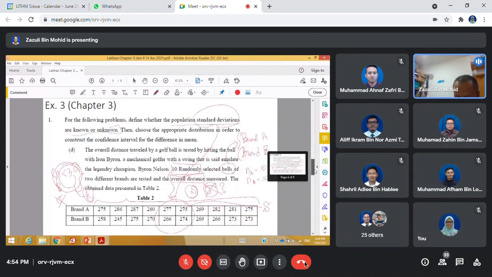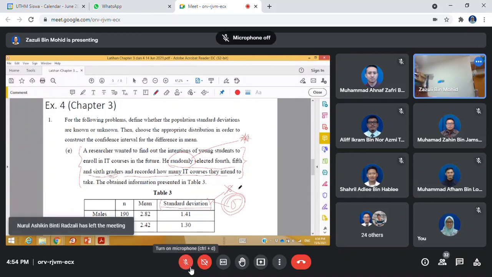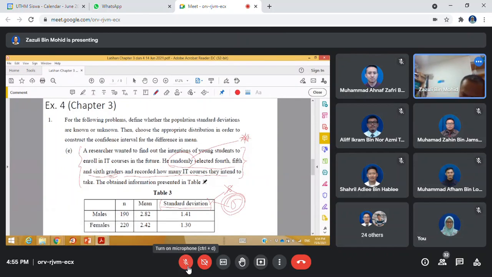Unfortunately, this question here, we have to regard it as the population. It never mentioned about sample. It never mentioned about population. But the data is given like this.